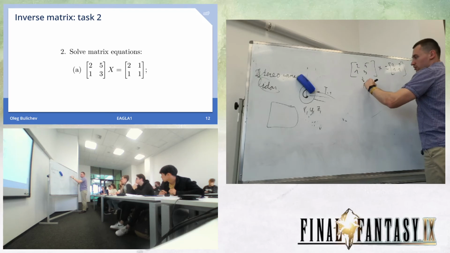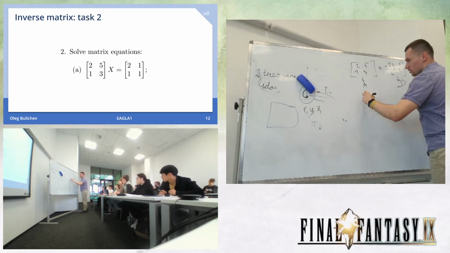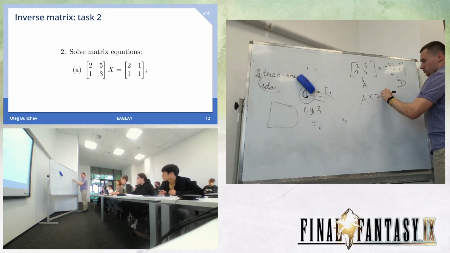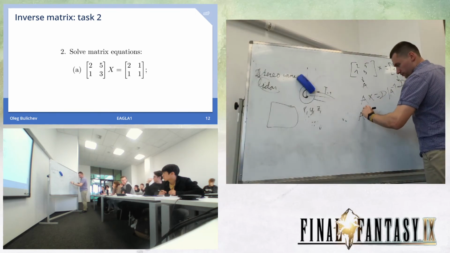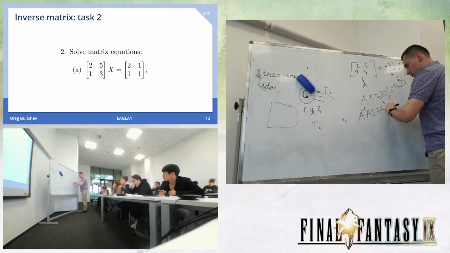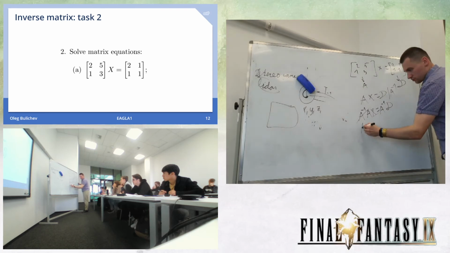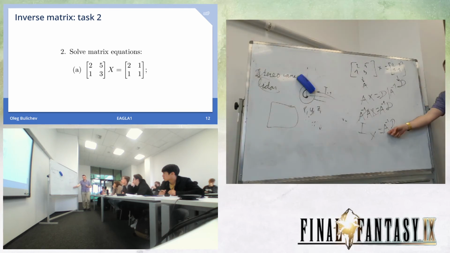Let's call it A, and it's D. A X equals D. We multiply by A minus 1. So what's our goal? Find the inverse matrix of A and after this multiply.